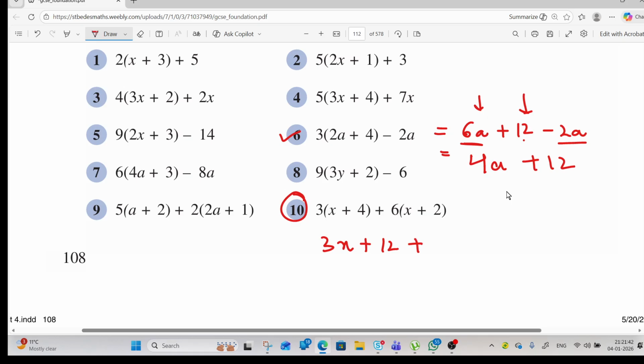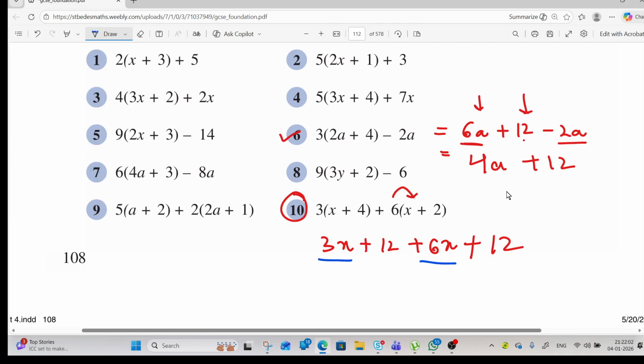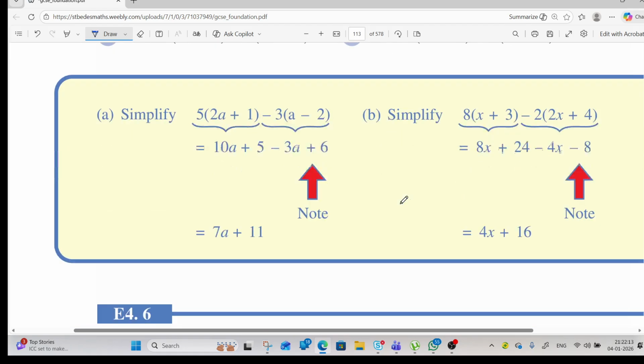Then plus 6x, right? 6 times 1x is 6x, and 6 times 2 is 12. Now, 3x plus 6x is 9x. Very good. And 12 plus 12 is 24. So 9x plus 24 is your answer, right? Okay, very good. That's correct.